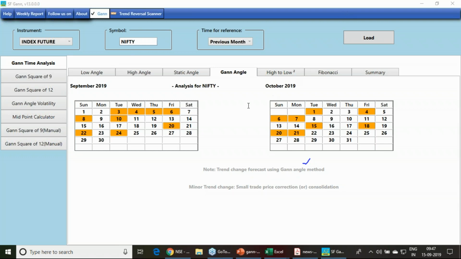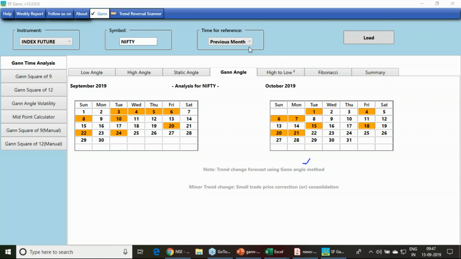Whenever a trend reversal date comes in the Gann angle method, use the Gann angle method for price analysis and trade accordingly intraday. So this is also one of the successful methods for trend forecast.